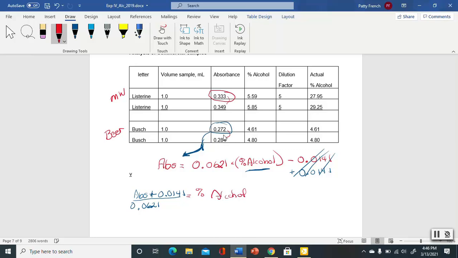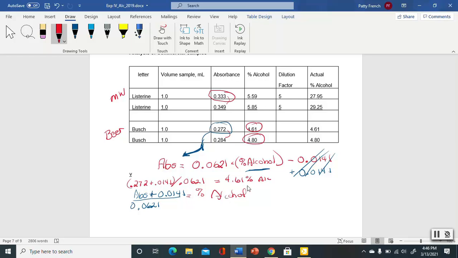So when I took my 0.272 and plugged it in here, and then added 0.0141 to it, and then divided that whole thing by 0.0621, I got 4.61% alcohol.